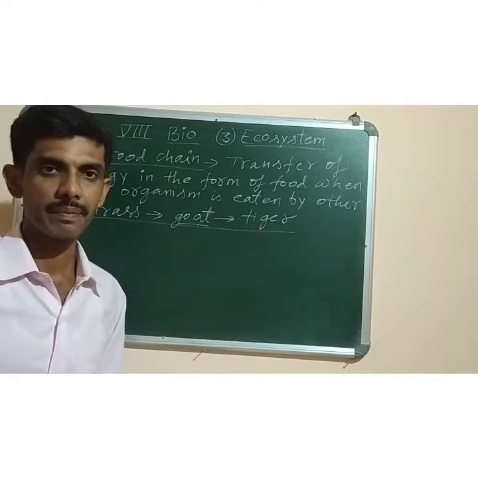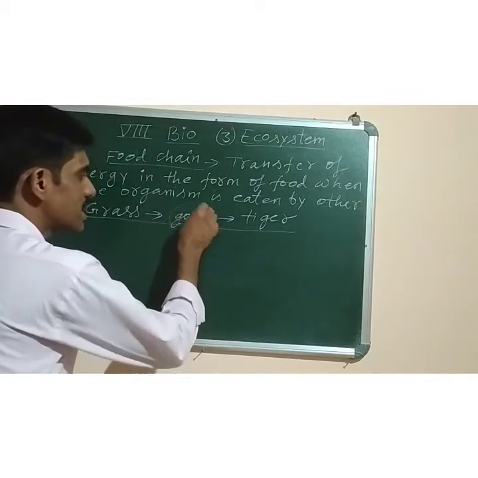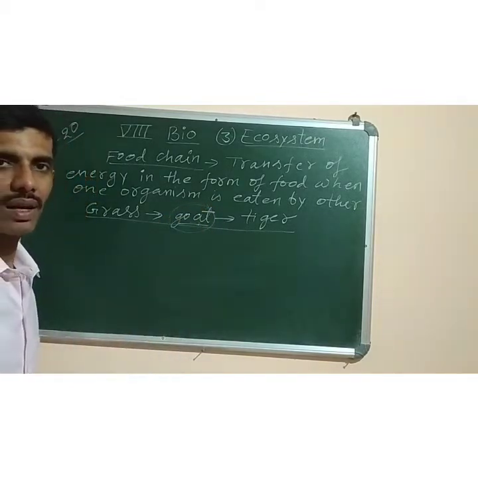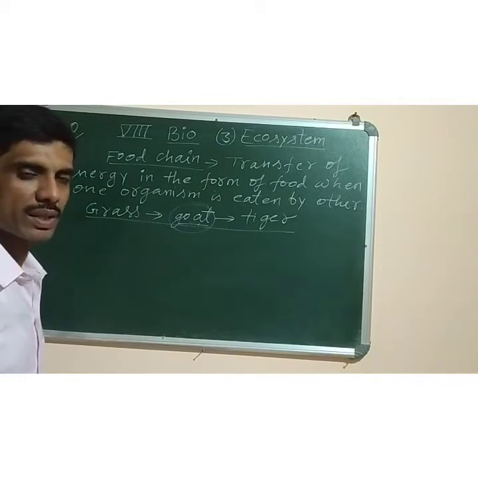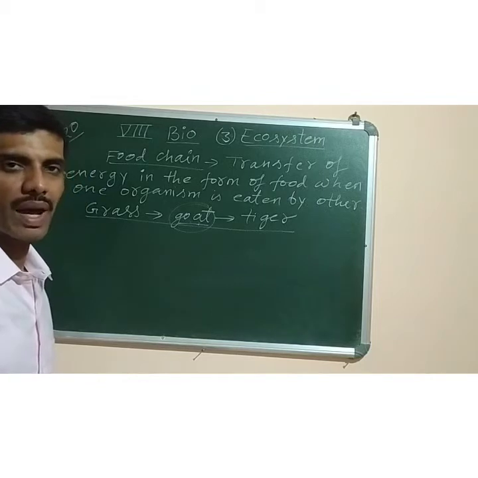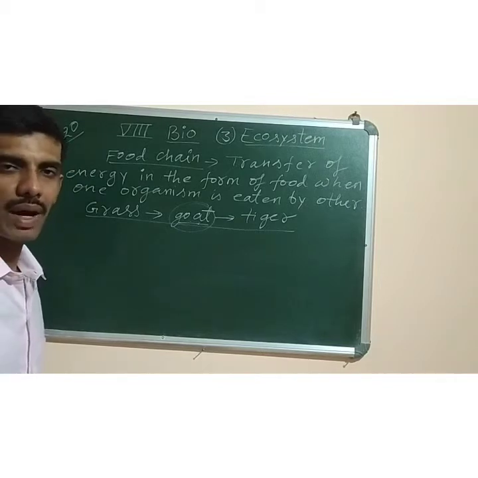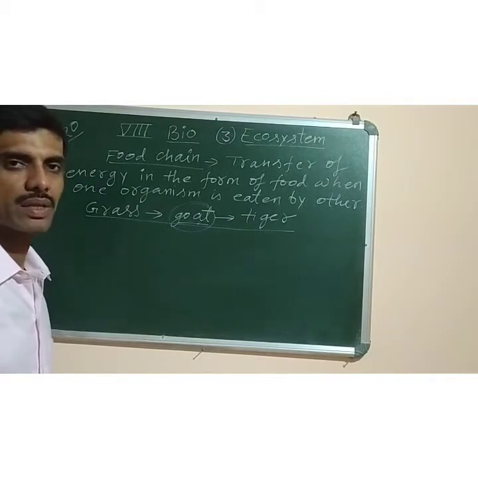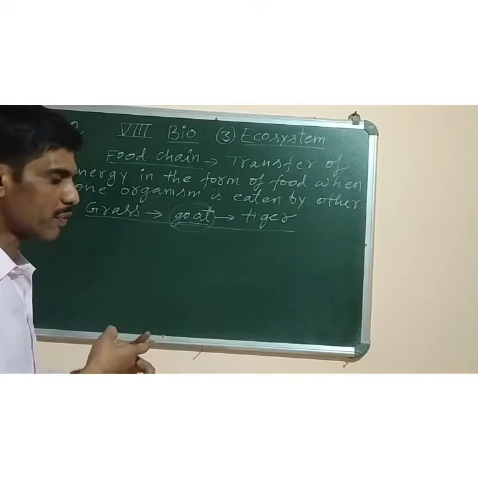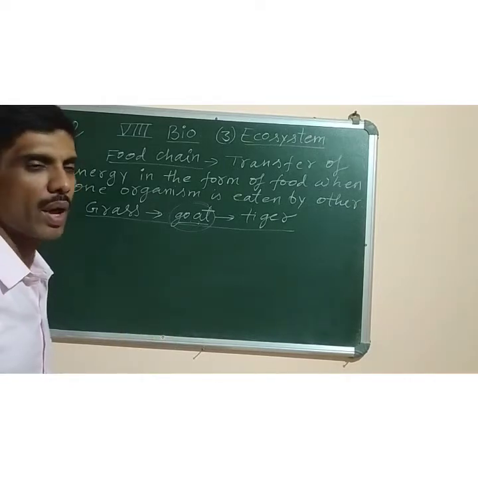But we find sometimes one organism is eaten by more than one animal. Like one example you can take, an insect can be eaten by a frog. The same insect can be eaten by some other insects and animals. It means all the food chains are interconnected to form a web-like structure.